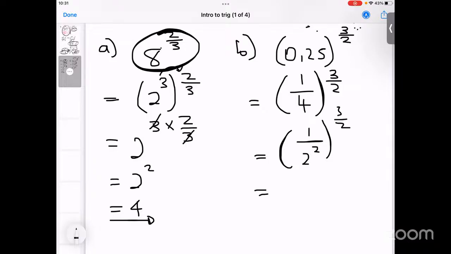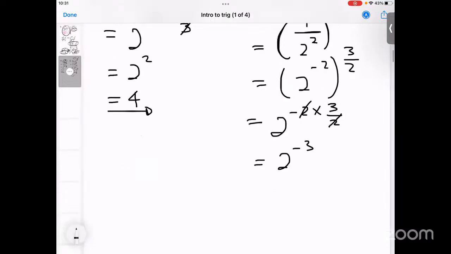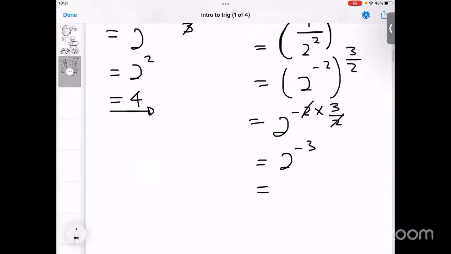Obviously, that remains. So again, this thing should be the same as that because you are now writing it like that so that it will somehow work out. Whereby you can say now you have 2 to the exponent of -2 multiplying that 3 over 2. Now that cancels with that, and then you end up having 2 to the -3, whereby this is now equal to 1 over 2 to the 3.